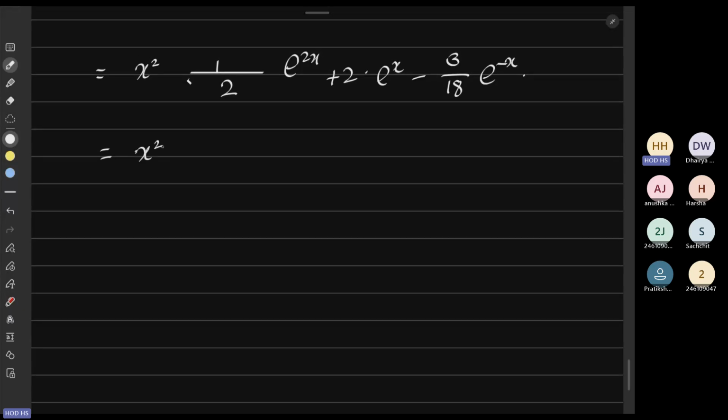So x square e to the power 2x by 2, plus 2 times e to the power x, minus 1 by 6 e to the power minus x. So this is my particular integral.